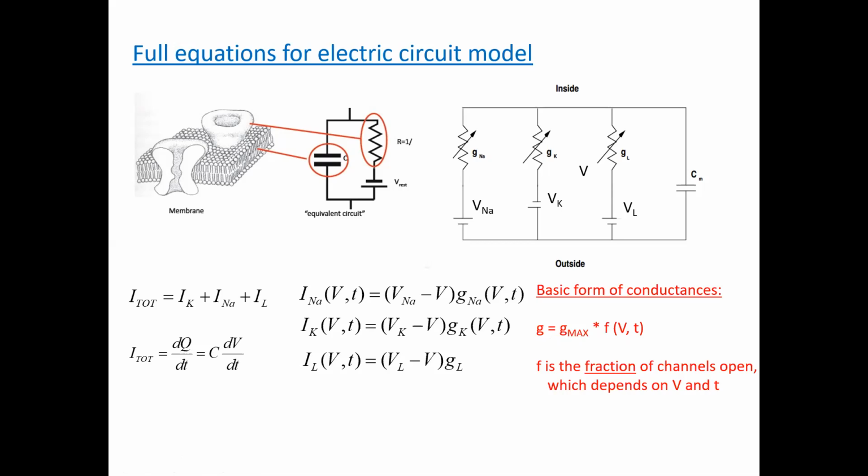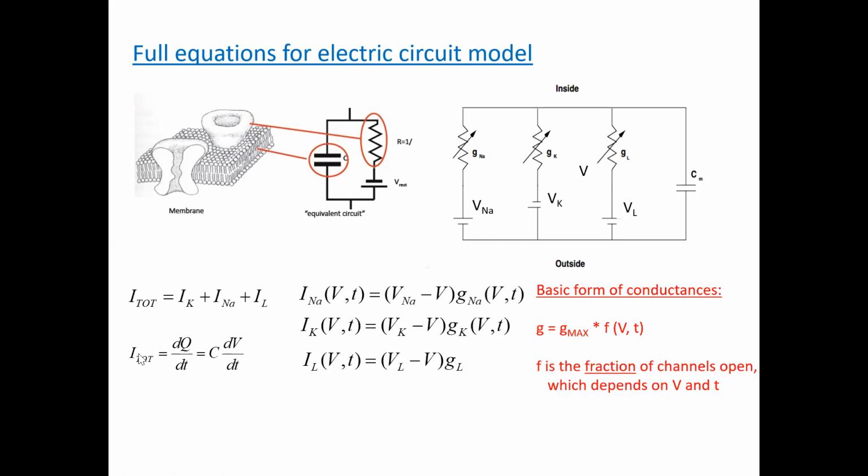So that's going to be the form that we use for the conductance: a maximum value times the fraction of channels which are open. To wrap up this differential equation, we need another form for the current, and that would be equal to the derivative of the charge on one side, which, because it's a capacitor, Q is equal to CV. dQ/dt is C dV/dt for a capacitor.